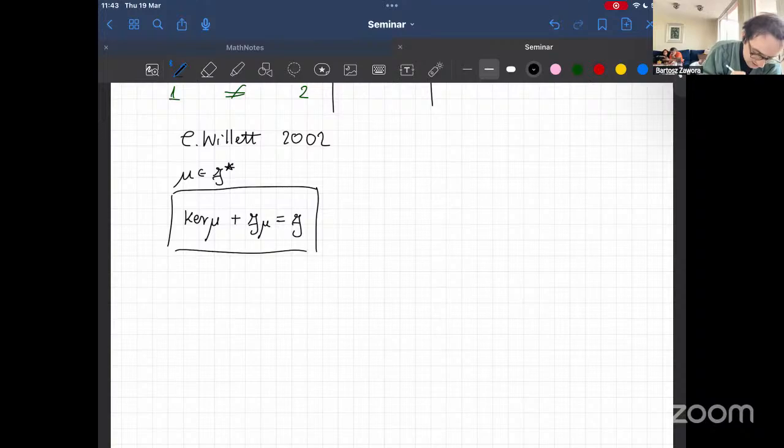And well, this is suspicious, first of all, because in the symplectic analog of the Marsden-Meyer-Weinstein reduction, we do not have this sort of condition. And the second observation is that this condition automatically holds if the Lie group is compact.